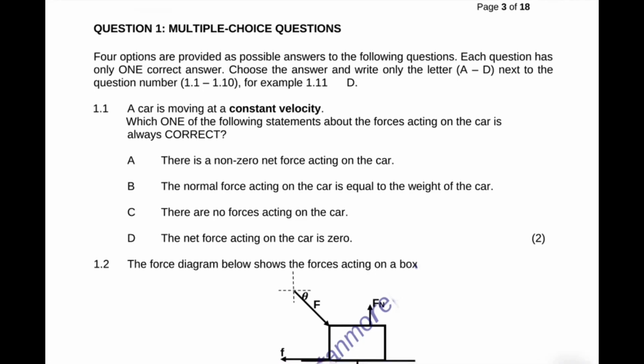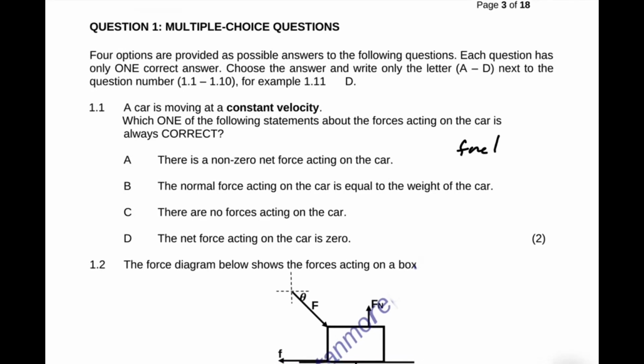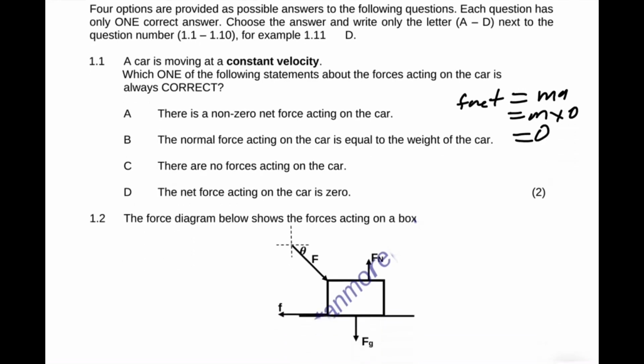And D says the net force acting on the car is 0, right? And that's exactly what we said: when we have a constant velocity, the acceleration is 0, and we know full well that F net is equal to ma. So we're going to have a multiplied by 0, so F net is 0, right? So our option here is D.